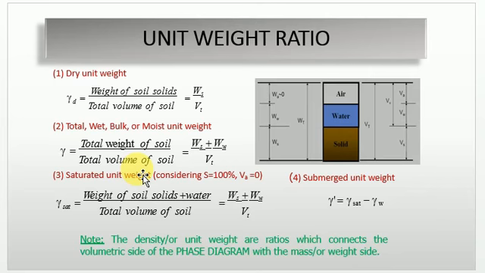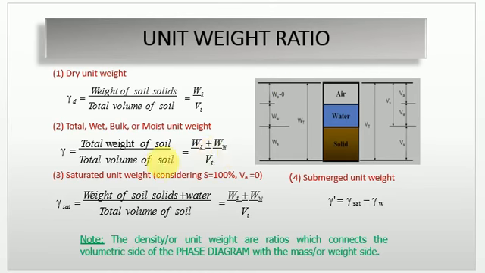So the equation for the bulk density is Ws plus Ww divided by Vt. Here we take Ws plus Ww and not Wa, because we know that the weight of air becomes 0 for this three-phase system.